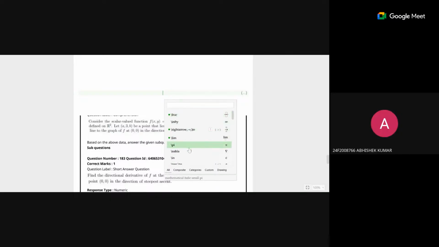For solving this question, first you have to find the direction of steepest ascent. So what will be the direction of steepest ascent for this function? It is basically the gradient divided by the norm of that gradient. So first you have to find the gradient. The partial derivative with respect to x is sin y minus y sin x.